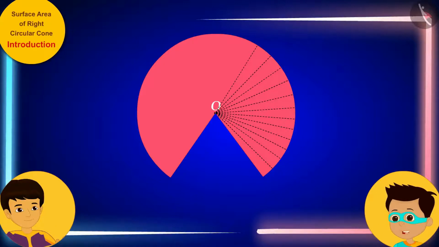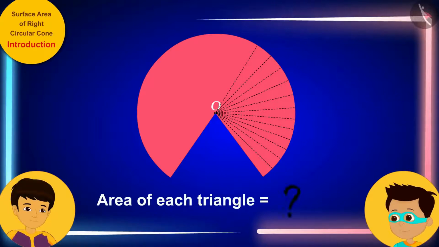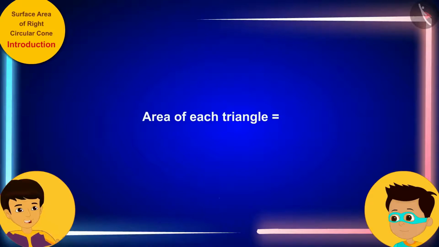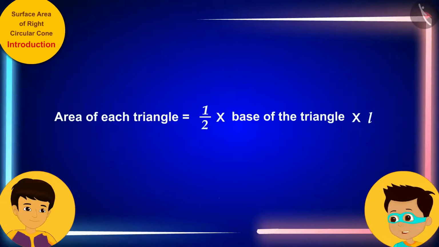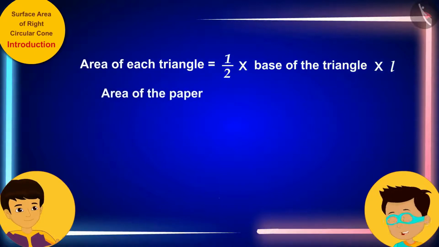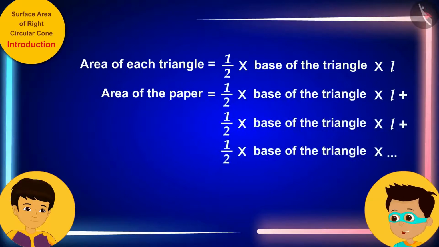So, can you tell me the area of each triangle? The area of each triangle will be 1 by 2 times its base multiplied by the height, which is L here. Well done. And see, the area of the entire paper will be equal to the sum of the areas of all these pieces.